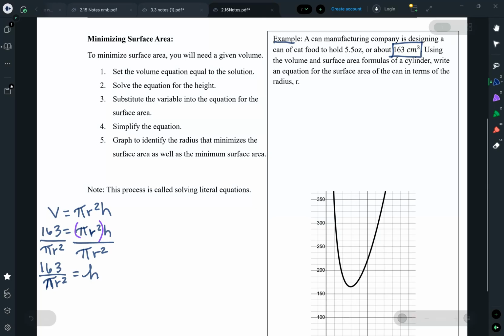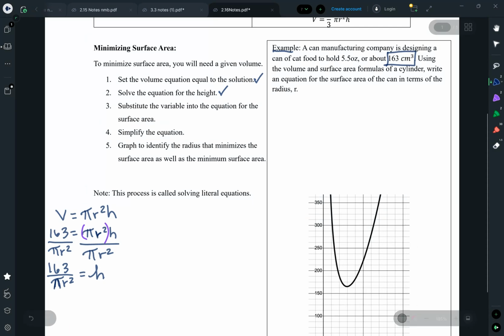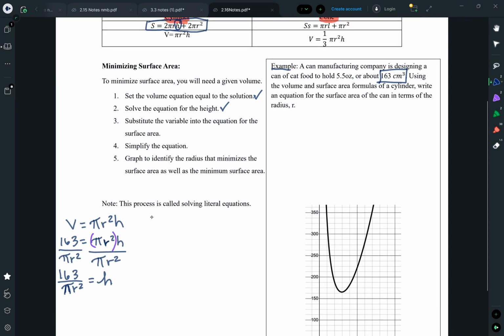All right, so set volume equal to the solution, solve the equation for height, and substitute the variable into the equation for the surface area. So my surface area equation is 2 pi r h plus 2 pi r squared. And I'm going to take this entire expression and substitute in for h.